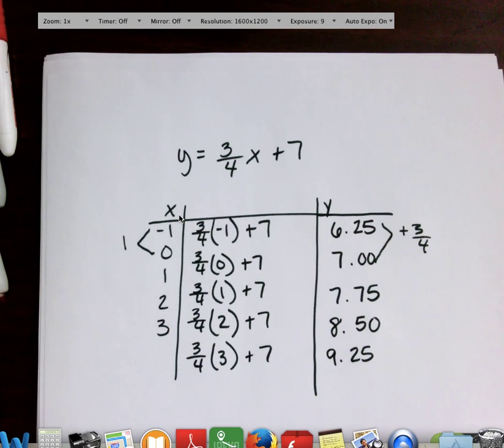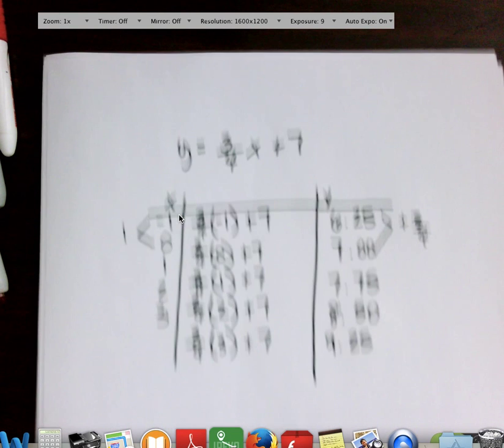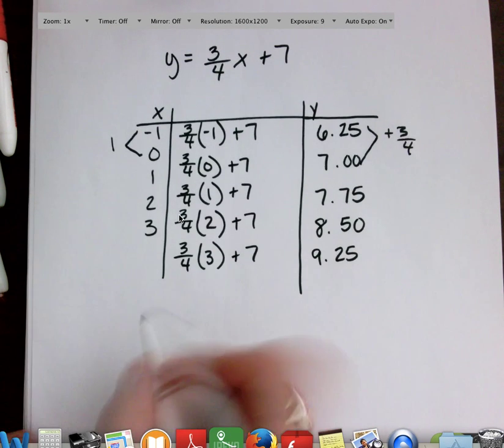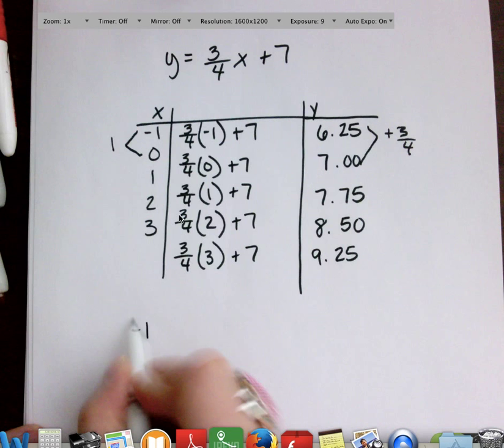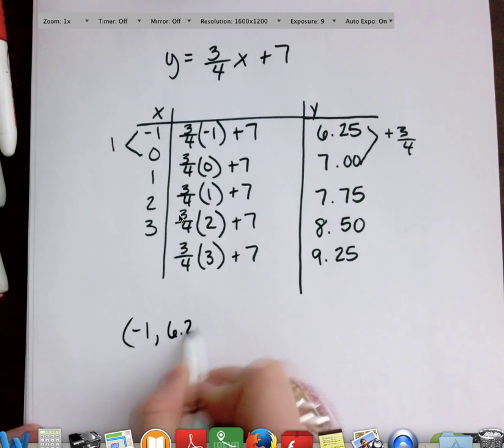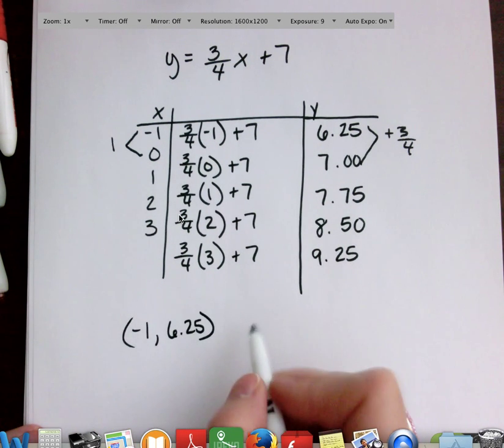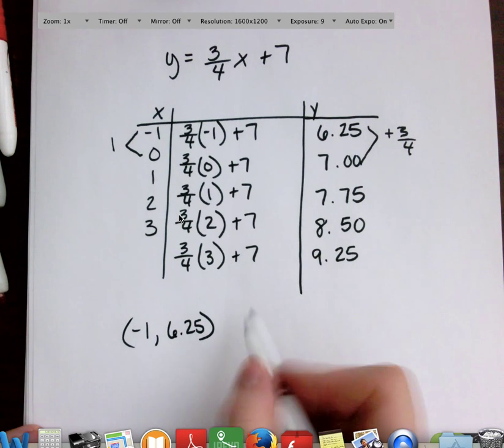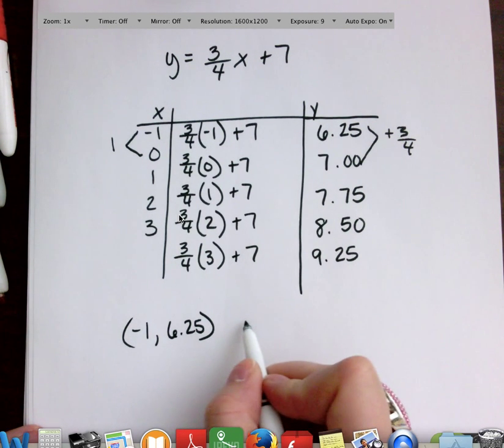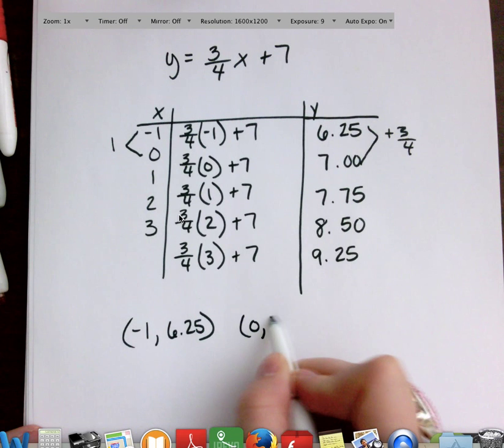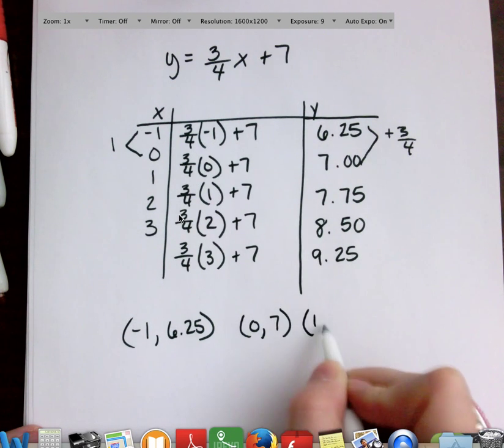All right, so now I could actually make a grouping of ordered pairs from this. My first point would be -1, 6.25. My next point would be 0 and 7, and so on.